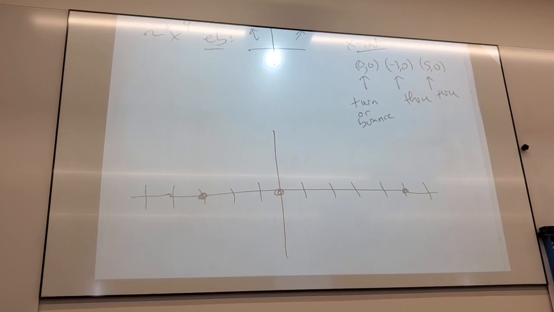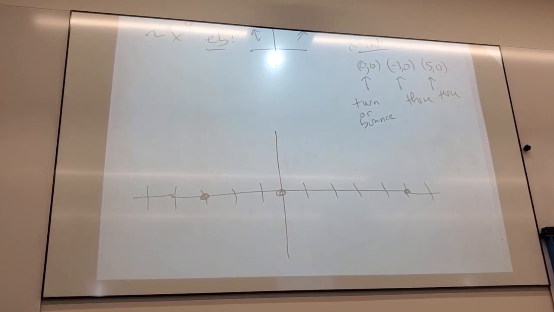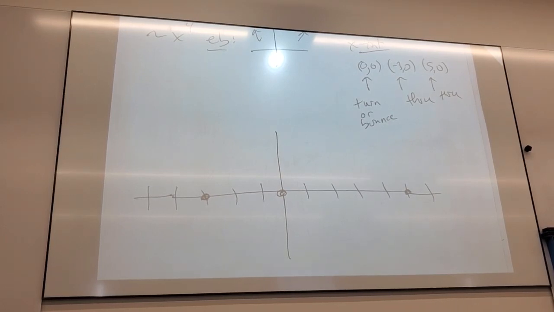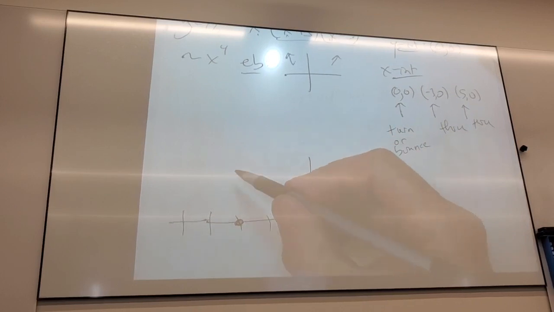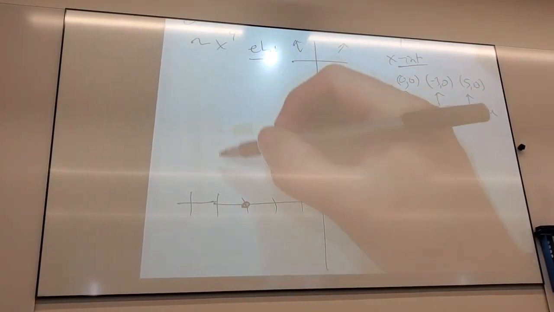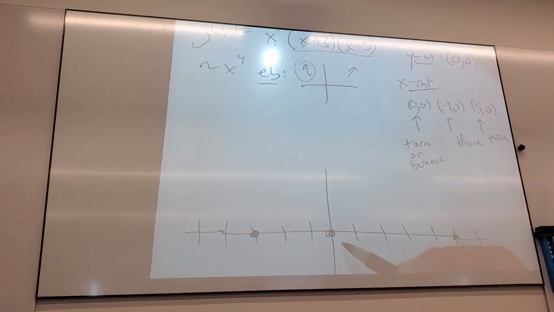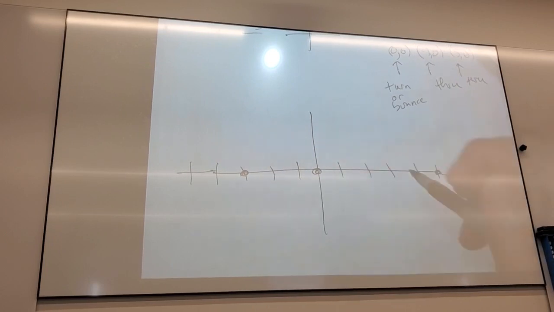Now, real quick. I could do a rough sketch of this without plugging anything in. I'm going to do it right now. Where do I start over here? What does my end behavior tell me? Am I coming up like Jaws, or am I coming down from the sky? Down from the sky, right? You guys see that? What am I going to do at this point?